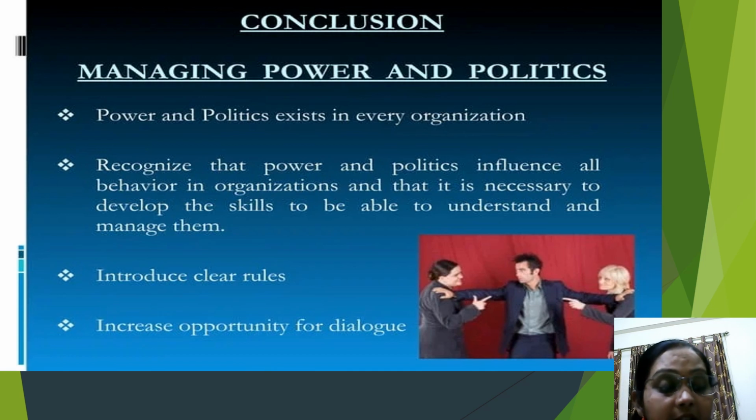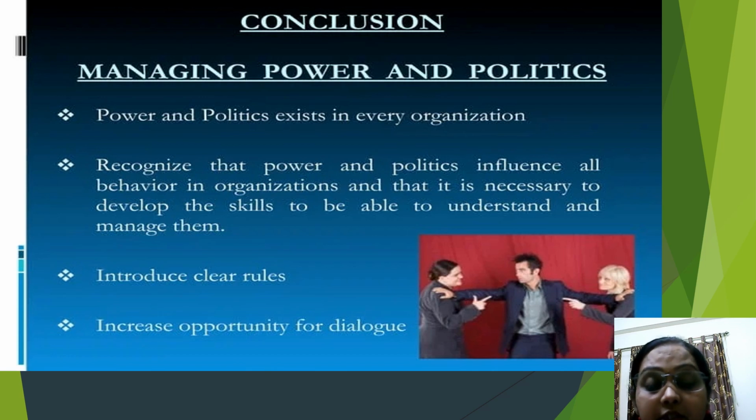But the utilization of power and the politics with it must be in a healthy concept. Since power and politics exist in every organization, it is good for everyone to recognize that they influence all behavior in the organization, and it is necessary to develop the skills to understand and manage them.